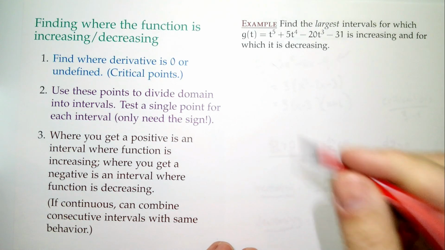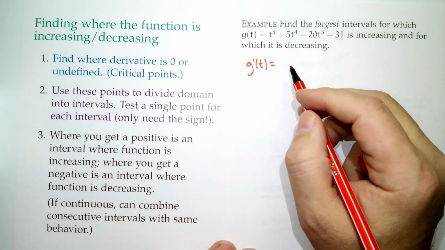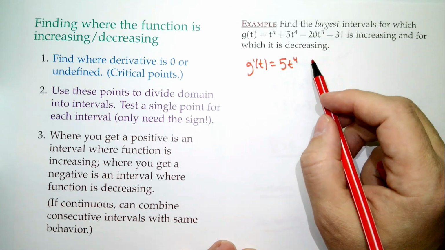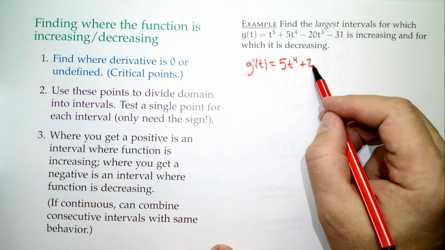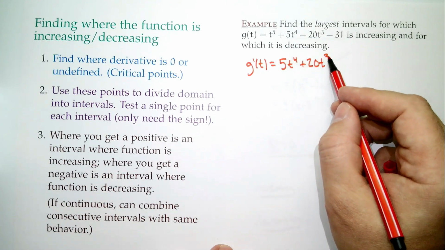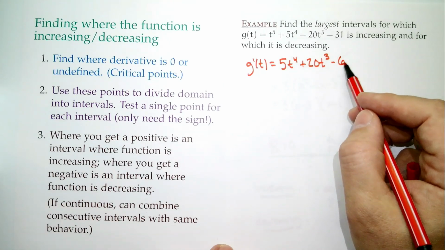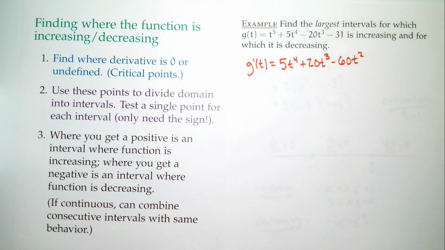Okay, so what is g prime of t? 5t to the fourth. Ooh, a quartic. Fun. 20t cubed. Anything else? Minus 60t squared. All right. So there we go. Well, what can we do to help us work with this?